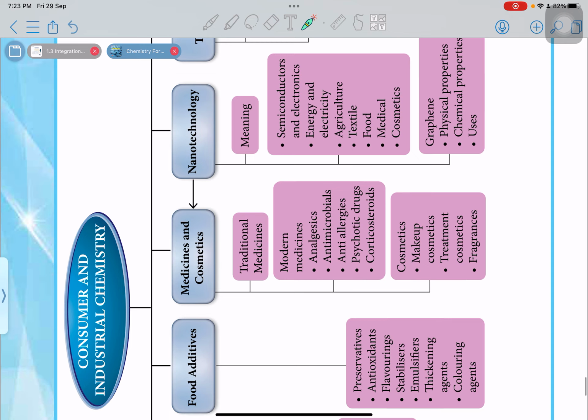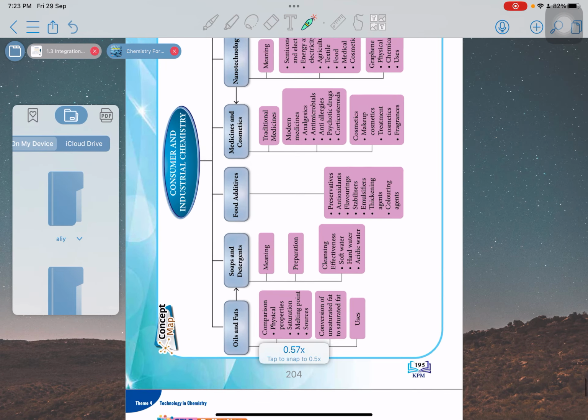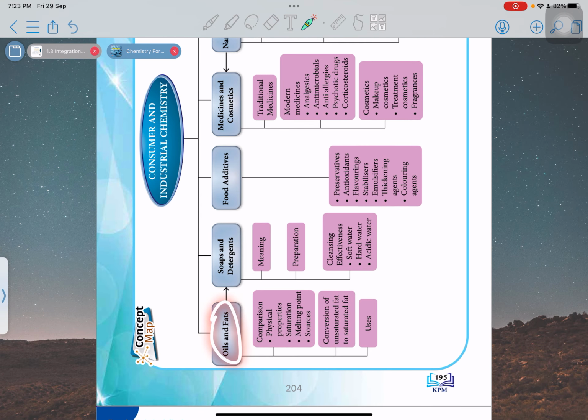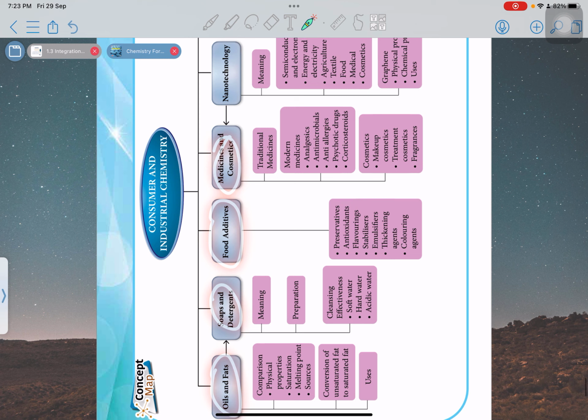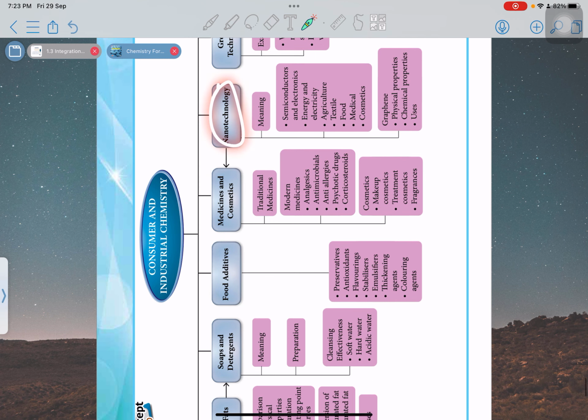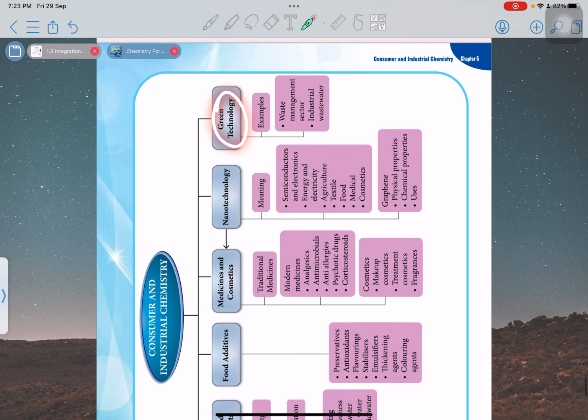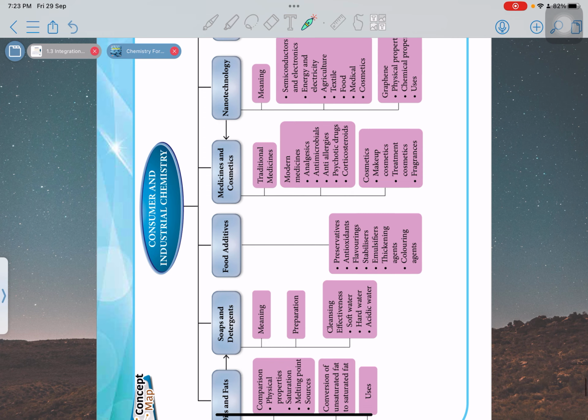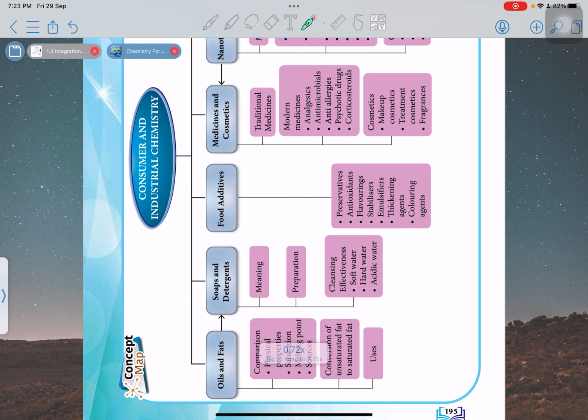So this is the summary of chapter 5, which is we learn about oil and fat, soaps and detergent, food additive, medicine and cosmetic, and nanotechnology and green technology. So basically last year I usually found in my trial, in MRSM trial, there is a question about soaps and detergent.